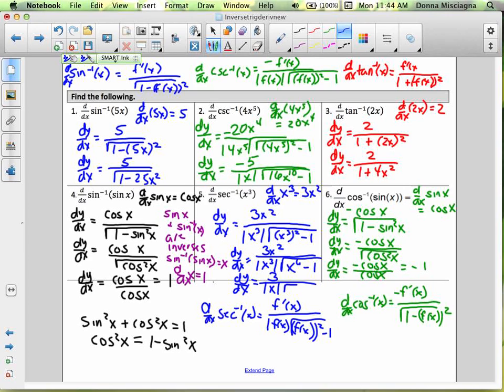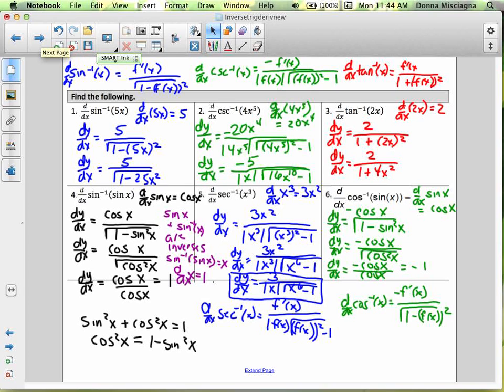Absolute value of x times the square root of x to the 6 minus 1. So see, the simplifying is really, really easy. Let's just give our answer in simplest form, rather than stop one step short. I will not take off if you don't simplify it, but it'd be a good idea, because a lot of the multiple choices I've looked at, they do simplify. So just to get into the habit, get a little practice.